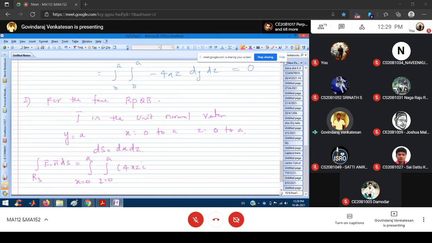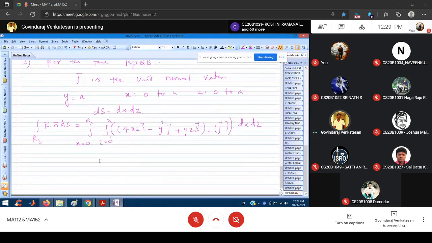F vector is 4xz i vector minus y square j vector plus yz k vector, dot product with the normal vector j vector times dx into dz. Making the dot product, the integral over 0 to a and integral over 0 to a, the dot product is minus y square times dx and dz. Already you know the value of y.